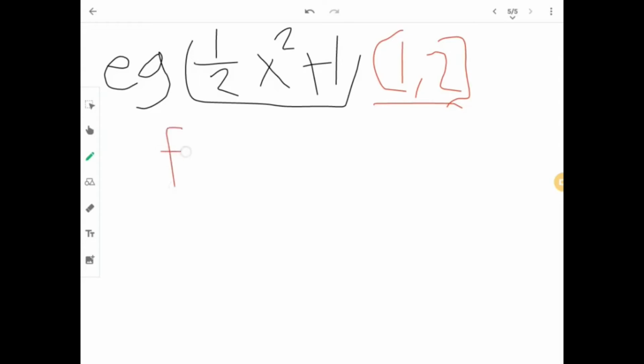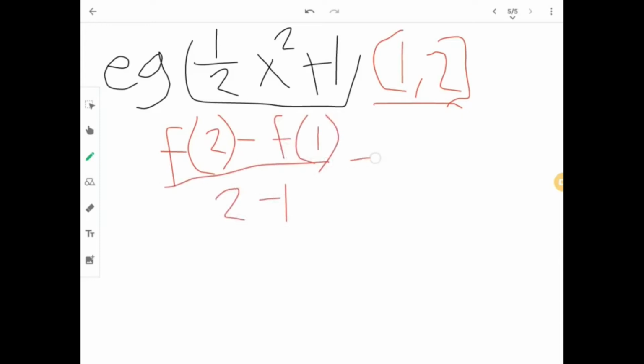So you do f of 2 minus f of 1 over 2 minus 1. That is half of 4 plus 1, so 3, minus 1.5, over 1, so this is equal to 1.5.